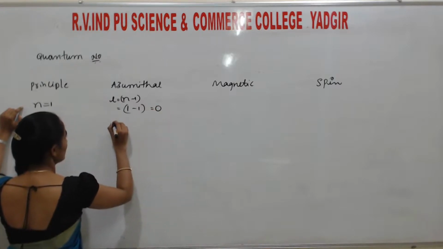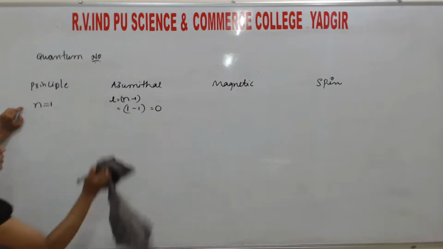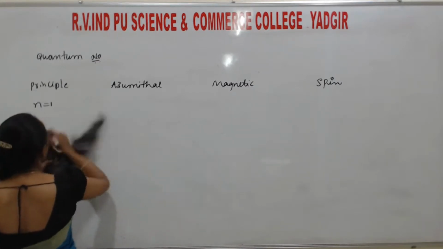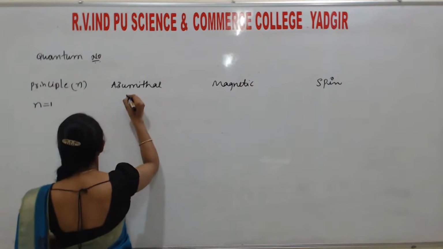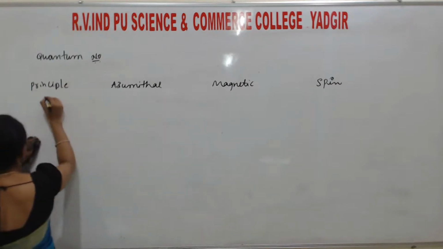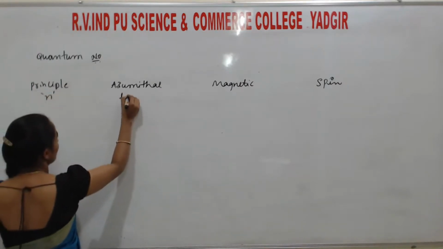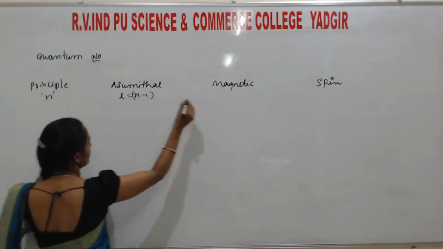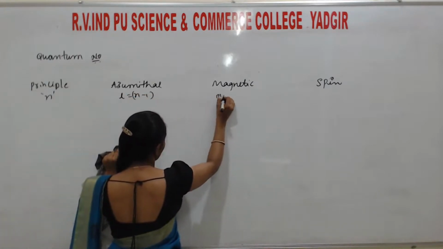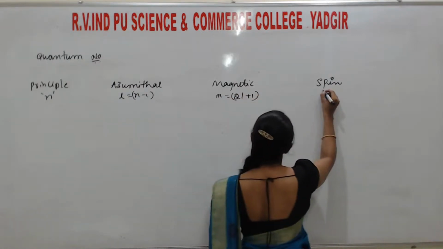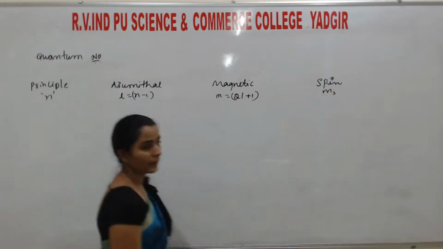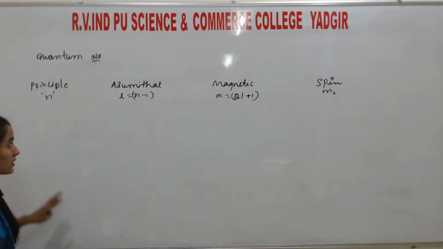I'll write here: this is n, this is l, that is n minus 1, here m, that is 2l plus 1, and this is spin, ms, the spin quantum number.